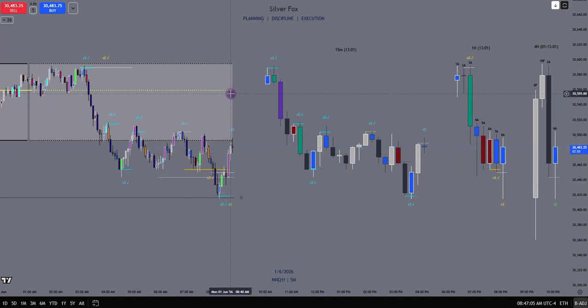So you would want it to get back into this 15-minute fair value gap here, this displacement candle aligned with this breakdown and the point of control. You would want price to sweep this internal liquidity and then reject again from here for a short, if you were looking for a short at this point. And then you have to be careful for it to make a new high, so make sure things align.